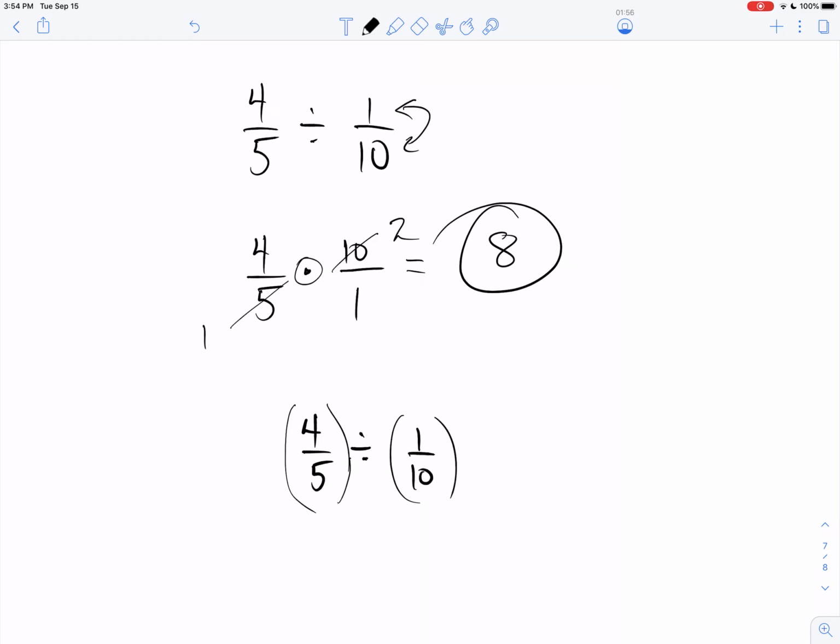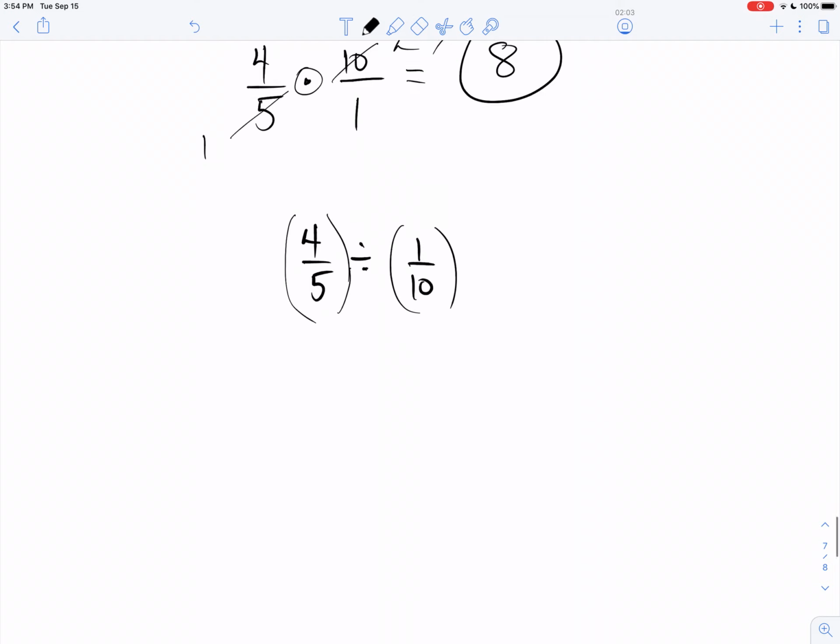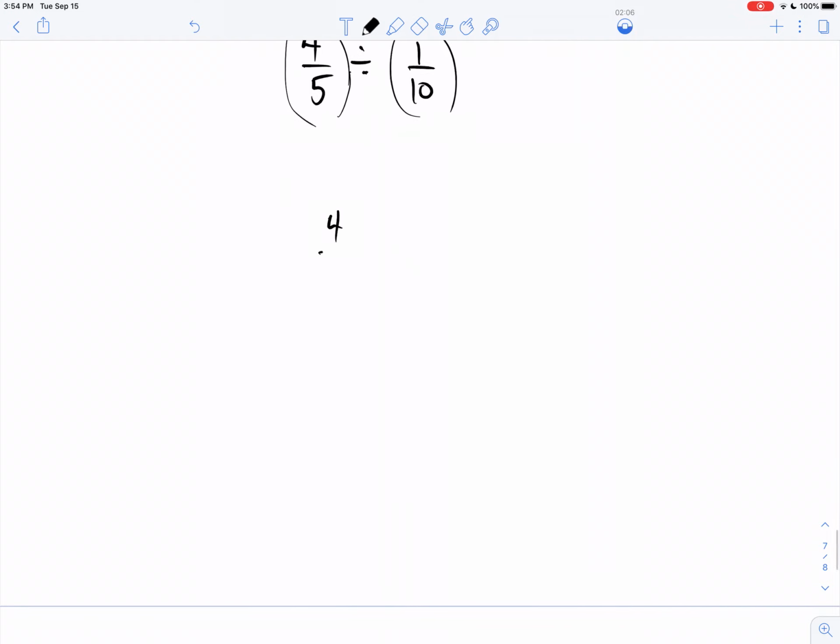For example, you flip the second fraction and multiply it, but no one ever told you why. I'm going to tell you why. See, when you have 4/5 divided by 1/10, what you technically have is what I call a double fraction.